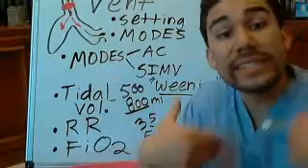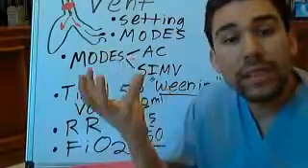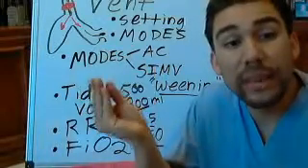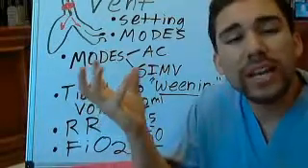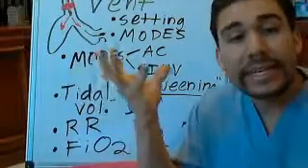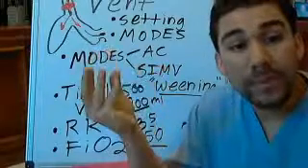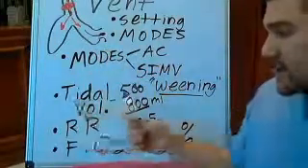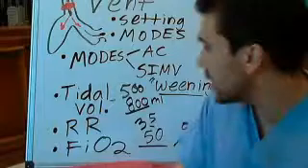After that air is delivered, the alveoli sometimes collapse. So how do we make sure that those alveoli are kept open so that we don't have a collapse right after we push all that tidal volume in? Well, it's something we call PEEP.